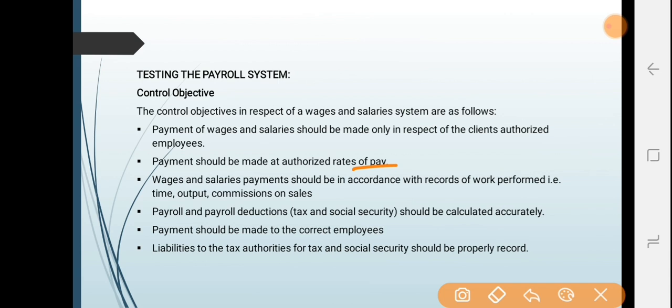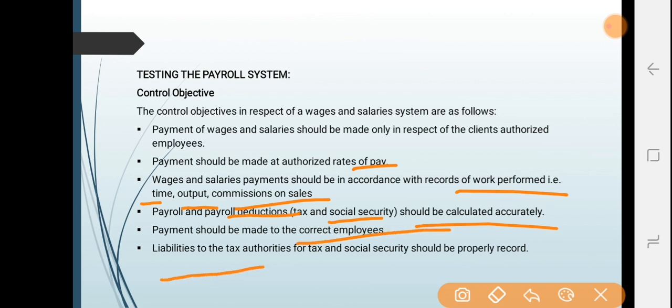Wages and salary payment should be in accordance with records of work performance, that is time, output, commission on sales, etc. Payroll and payroll deductions, that includes tax and social securities, should be calculated accurately. Okay, payment should be made to the correct employees. Then liability to the tax authorities for tax and social security should be properly recorded. So these are the basic objectives with respect to testing of payroll system.